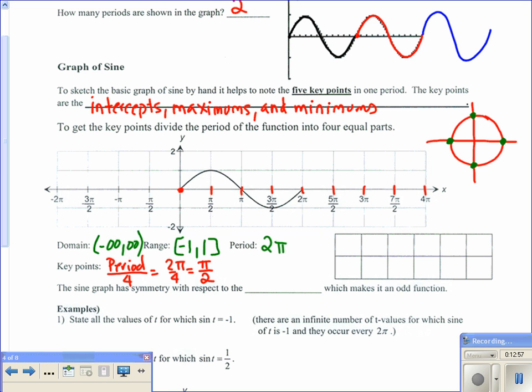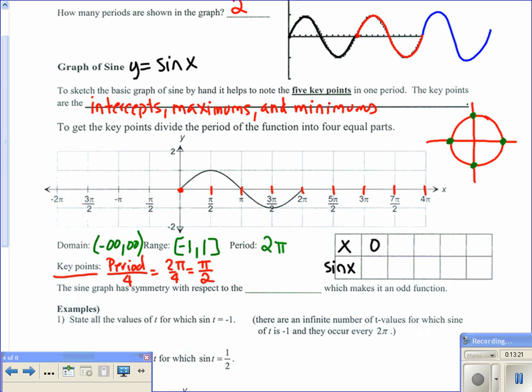That's why I have you list the key points, just the first interval you're going by, and then you're just going to count from there. So then for my graph, we have x, and in this case y equals the sine of x. So again, we always start with 0.